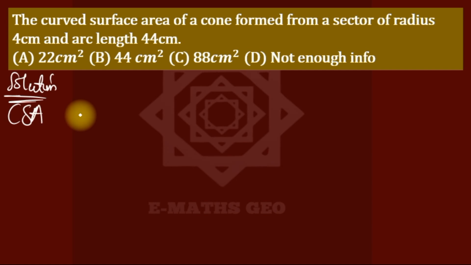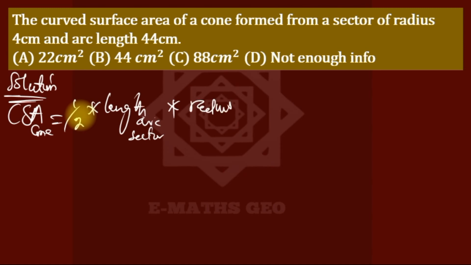We've derived that the curved surface area of a cone is always half times the length of arc of the sector times the radius of the sector. So without wasting time, our answer is half times 44 times 4, which is 8.